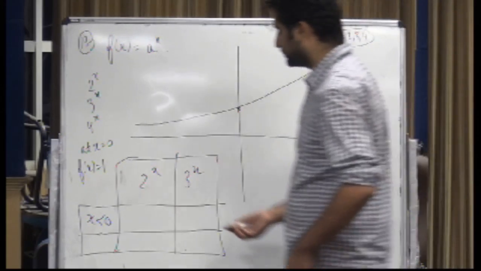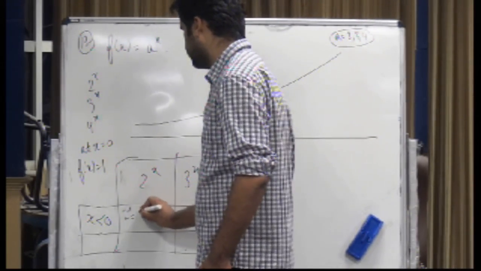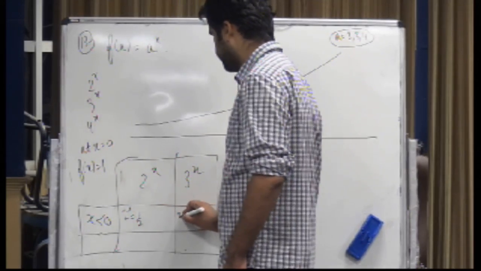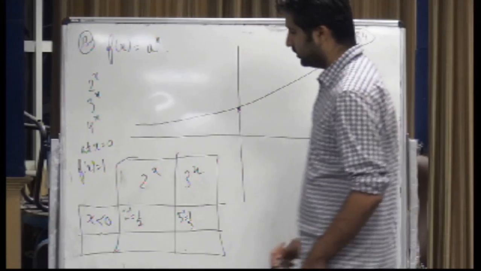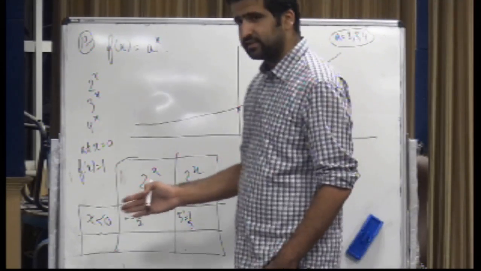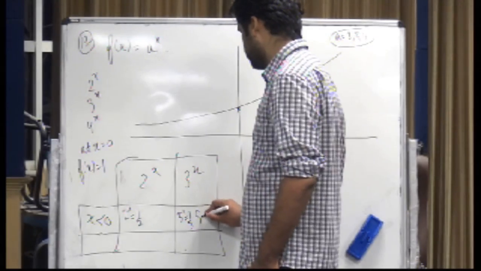Like let's suppose some value, minus 1. 2 to the power minus 1 is half, and 3 to the power minus 1 is 1 by 3. So for all the values of x less than 0, this one will be greater and this one will be smaller.